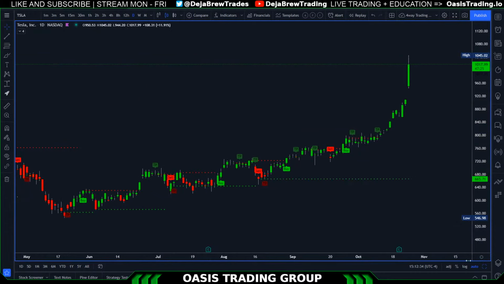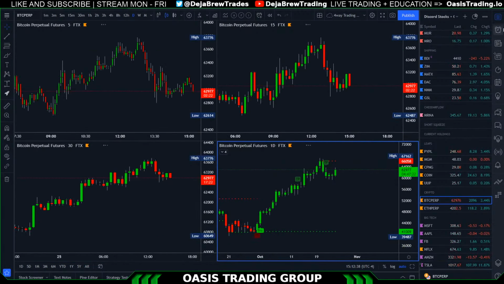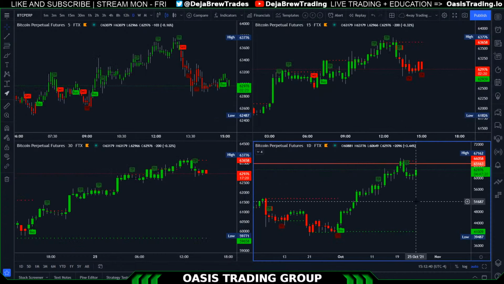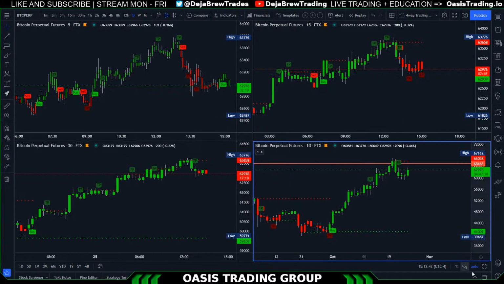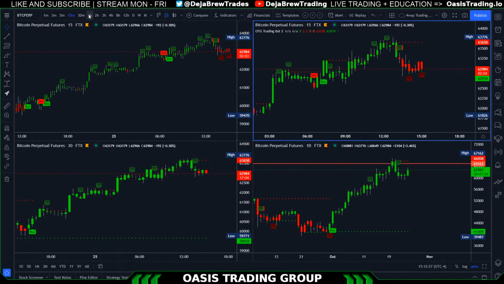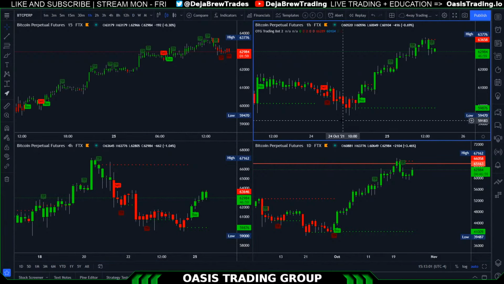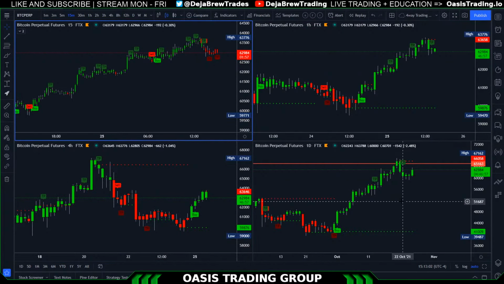Another example is, let's see, this would be easier on Bitcoin. Another example is, okay, so we have a big daily uptrend right here, right? And then we have this nasty little pullback on Bitcoin. So if we go down to the other time frames, let's change these to our crypto time frames. We were getting a, where is that actually?